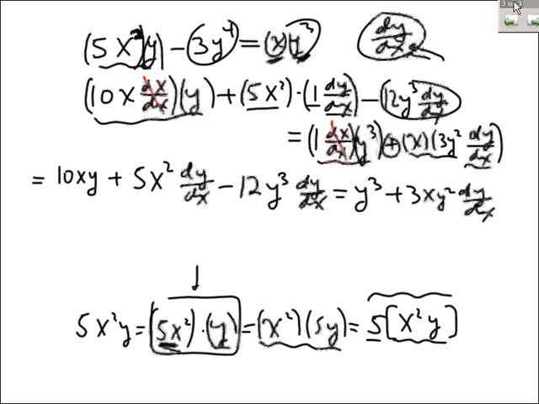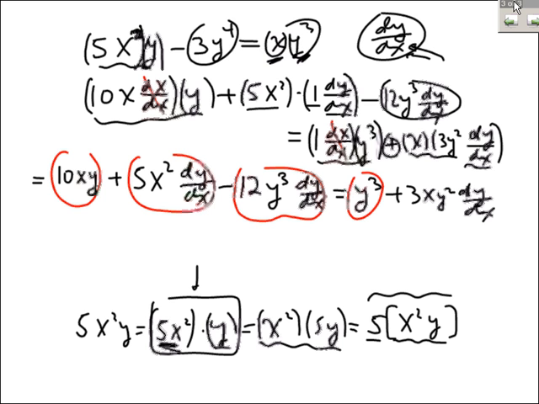We want to solve for dy/dx. So let's find all the terms. It's very, very simple to find the terms. Terms are separated by addition and subtraction symbols, and I guess equal signs. Now, this term right here has dy/dx. This term has dy/dx.